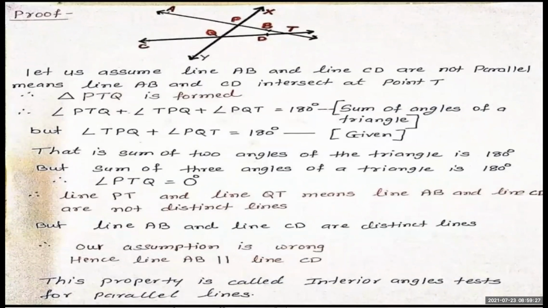So as it is given that only two angles are 180 degrees, then the rest of the angle, that is angle PTQ, will be 0 degrees. Okay, so how is that possible, that two angles of a triangle are 180 degrees and the rest is 0 degrees?